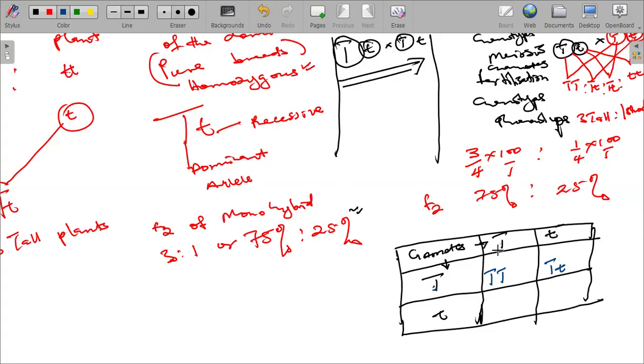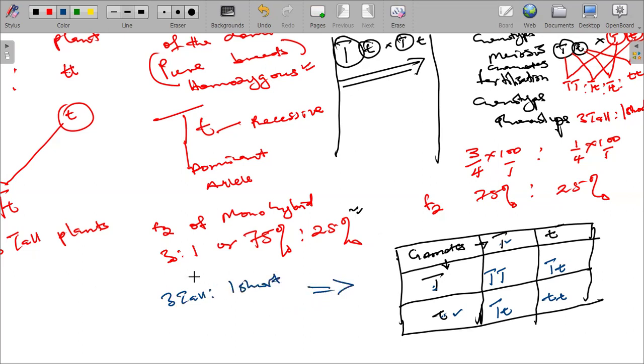We have TT, then heterozygous Tt, and then the recessive tt. So the same applies: we have 3 tall to 1 short from our Punnett square.